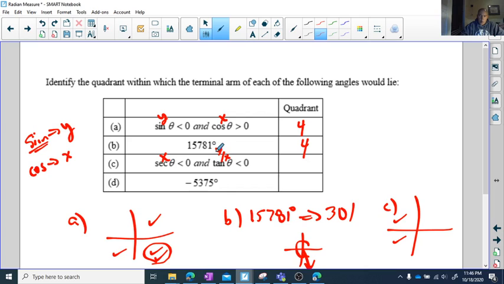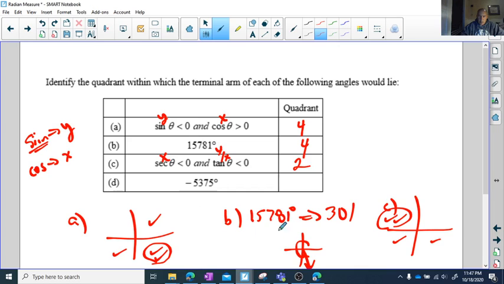So either one positive and one negative, or switch them, the other one negative, and so either x negative, y positive, or y negative, x positive. Well, that only happens here. It's positive, positive, so tangent's positive. Here it's negative and negative, so tangent's also positive. It's either here or here. There's where both are true. Quadrant number 2.